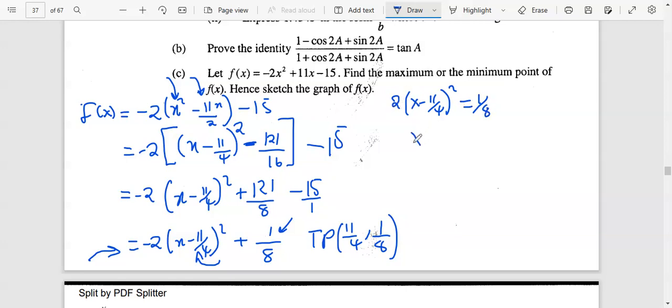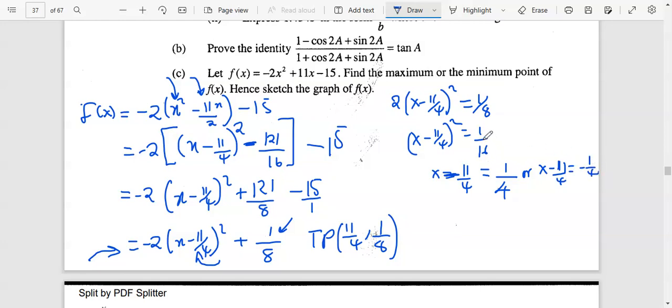Divide both sides by 2, so it will be x minus 11 over 4 squared is equal to 1 over 16. Square root both sides, so x minus 11 over 4 is going to be, if we square root 1 over 16, positive 1 over 4, or the same x minus 11 over 4, if we square root, it will be negative 1 over 4.